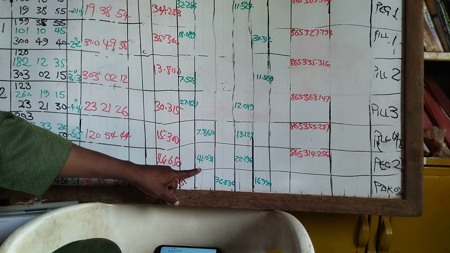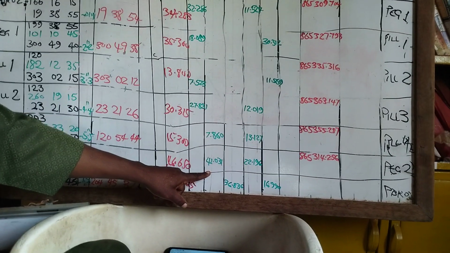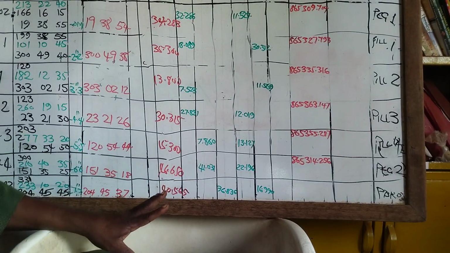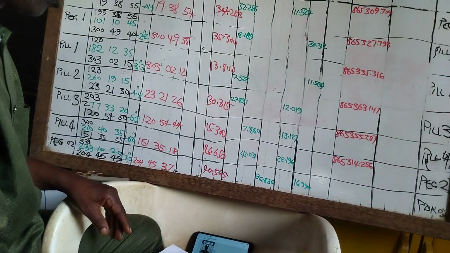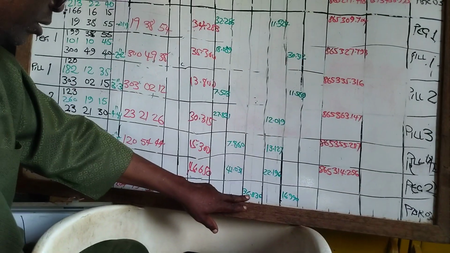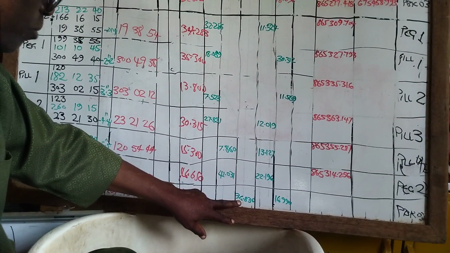Once that one is done, then you are on peg 2. This is minus.